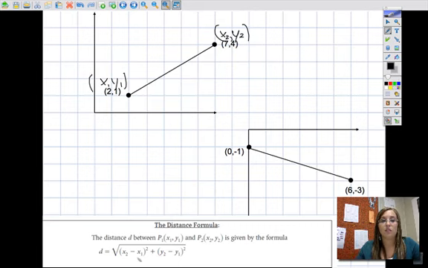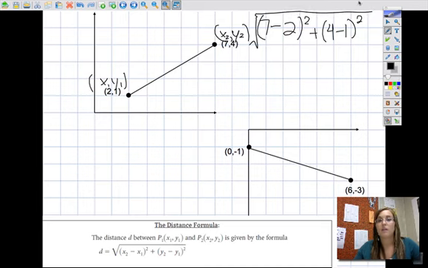So I'm going to take x2 minus x1. So I'm going to take 7 minus 2 squared, plus, sorry, I'm going to take y2 minus y1, 4 minus 1 squared, and I'm going to take the square root of all of that. So now what I have to do is just start to simplify this down. So I'm going to simplify the parentheses.